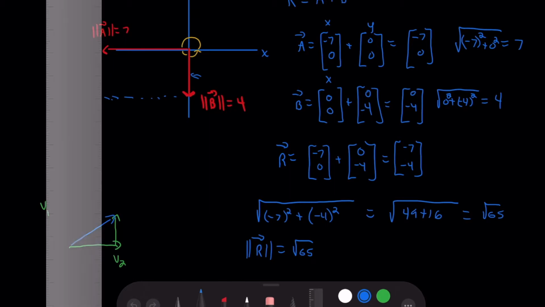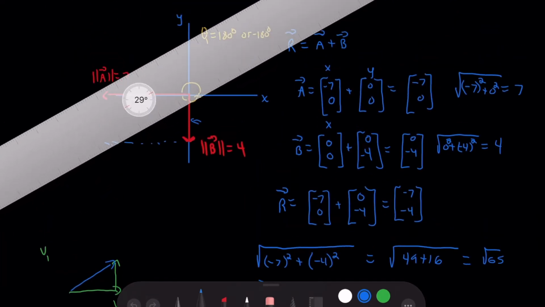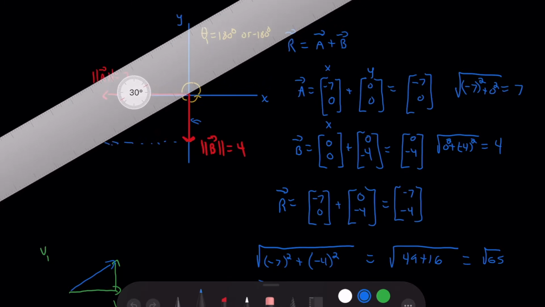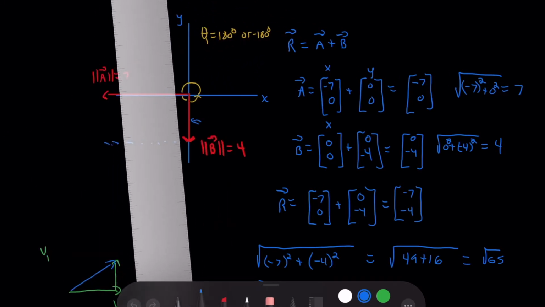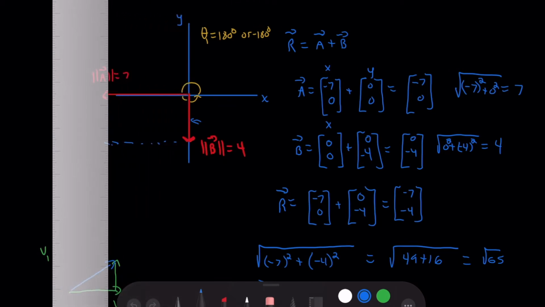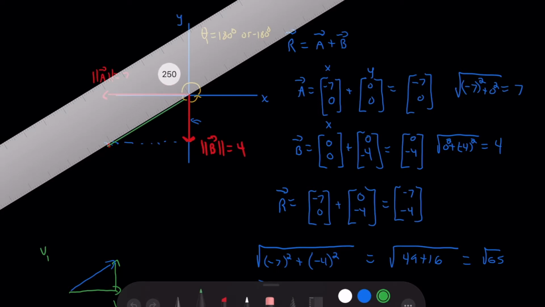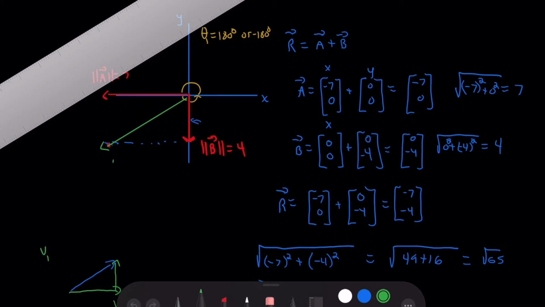So I should have a resulting vector r out here. I'm just going to eyeball it. We should expect something like this right here. It's about right. It's not perfect. We'll see when we actually do some computations. And so this will be our vector r.